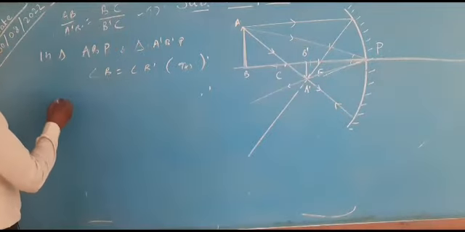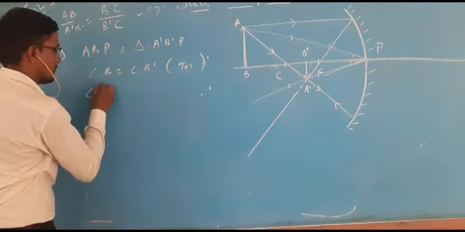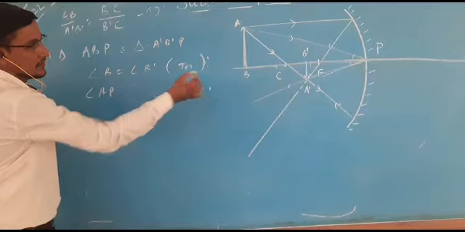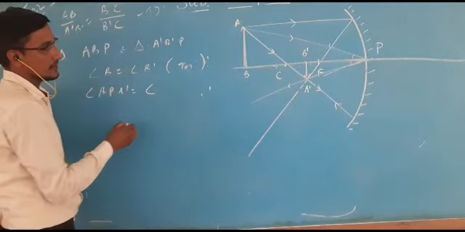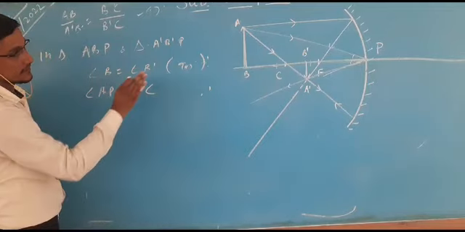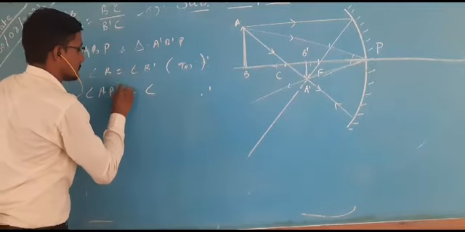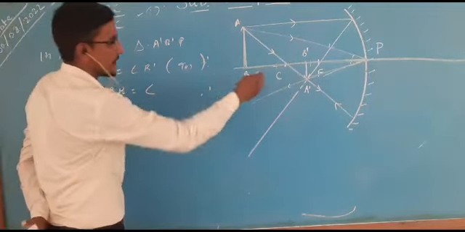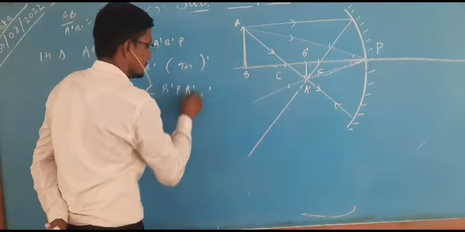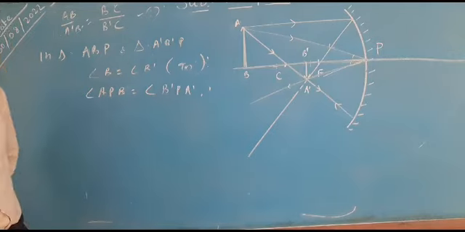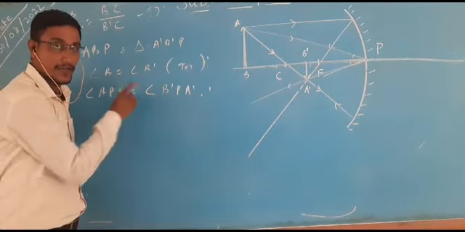So angle APB should be equal to angle A dash P B dash, because the angle of incidence should be equal to the angle of reflection.